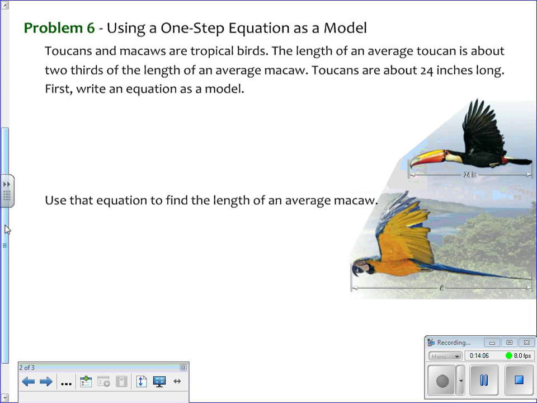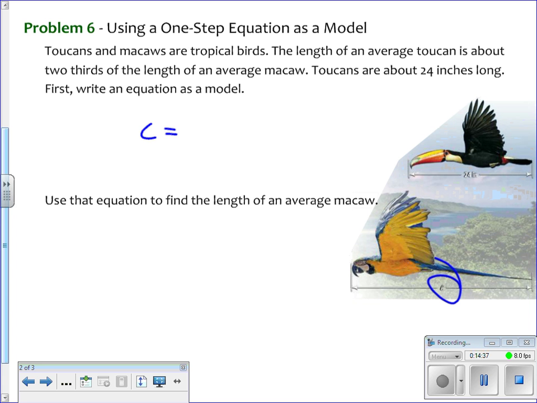What you're trying to do is figure out how long the macaws are on average. So the first thing you have to do is write an equation as a model. So there's going to be equals. I have the macaws, and we use C because they tell us to use C right here in the diagram. C for the length of the macaw.